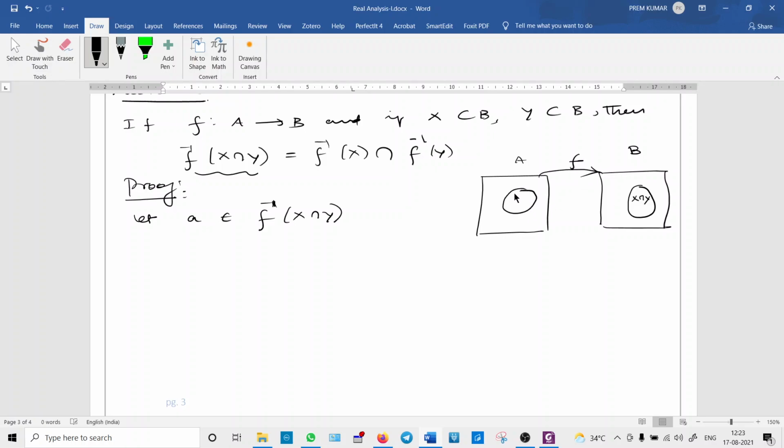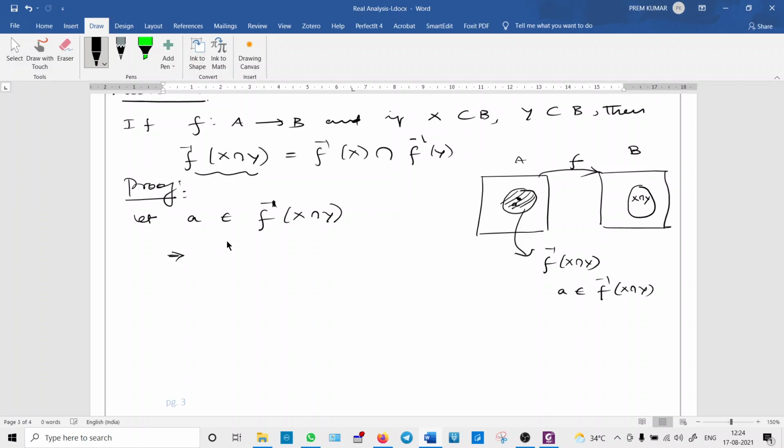Something like this. Suppose this is my f inverse of X intersection Y, all the pre-images. Suppose I say one element a belongs to this inverse image of f inverse of X intersection Y. Something like this. Suppose a is here.